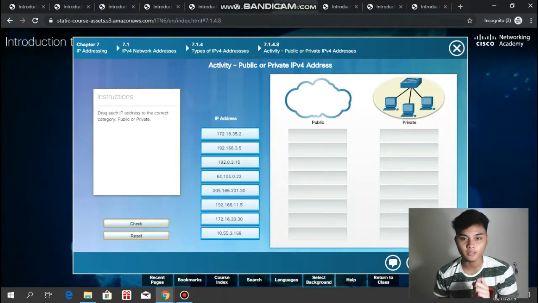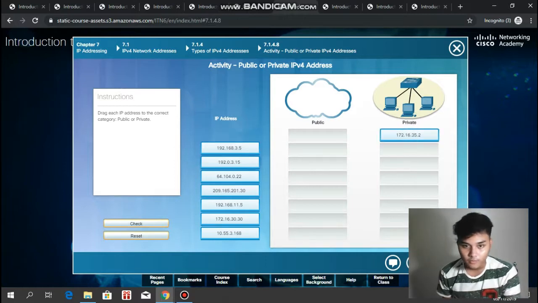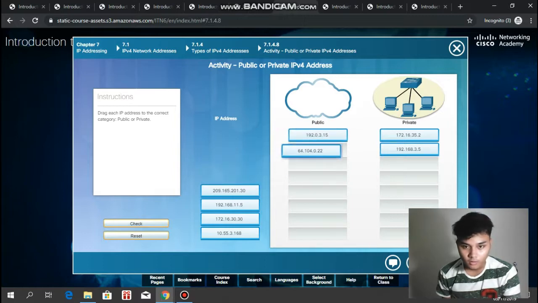So next is the activity public or private. For public and for private, one entity is private and one entity is private.